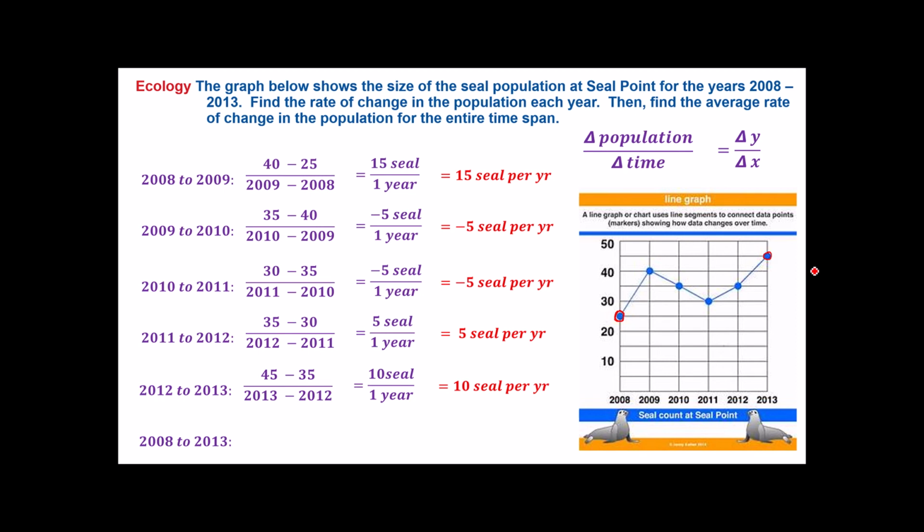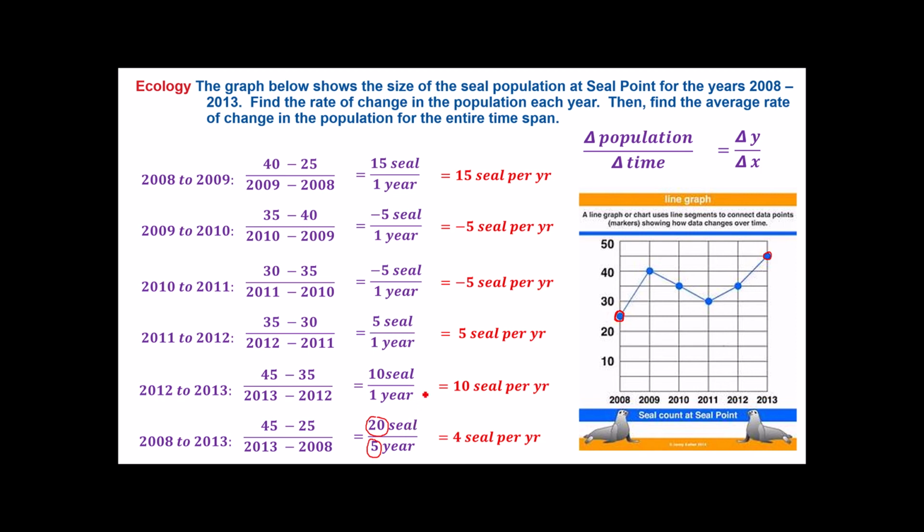From 2008 to 2013, we started at 25 and ended at 45. That's an increase of 20 seal. And we started in 2008 and ended in 2013. That is a difference of 5 years. We've gained 20 seal in 5 years, or an average of 4 seal per year.